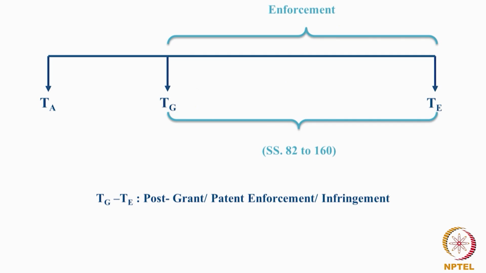He has an exclusive right to exclude others from making the invention, from selling the invention, from offering for sale, from importing, and from using the invention. Now, the invention can be a product or a process. These details are mentioned in section 48, but largely any intrusion on these sets of rights by a third party without the consent of the patentee is what we refer to as infringement.